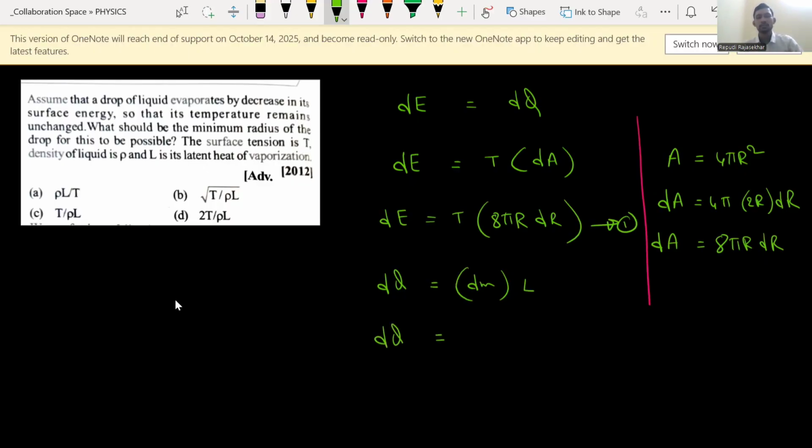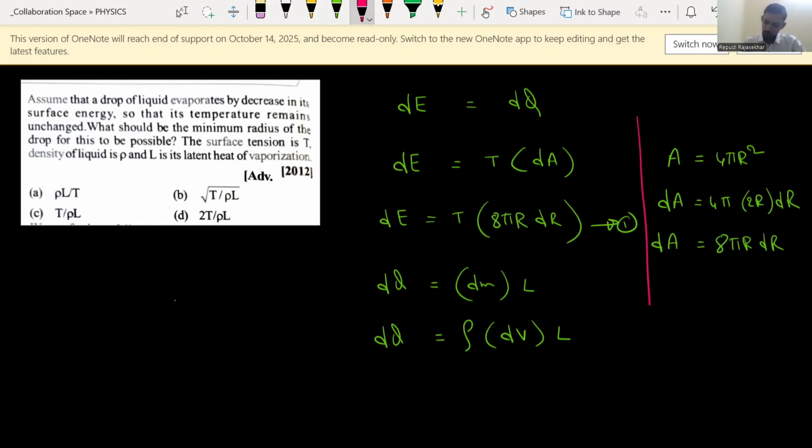How to write mass in terms of density? Mass can be written as density into volume. So density is rho, and the small volume I am taking as dV, because the volume is continuously changing here. As the radius is changing, obviously the spherical object's volume is also continuously changing. So rho into dV into L.